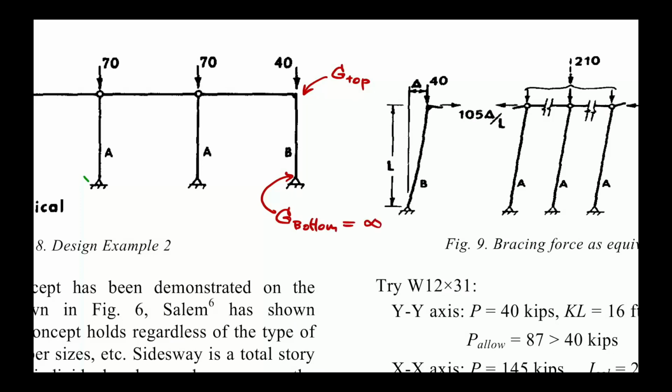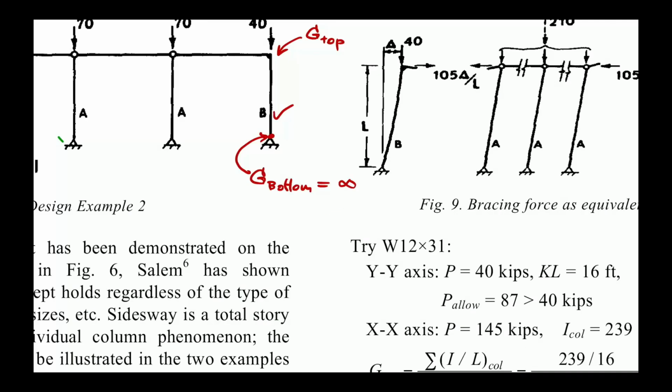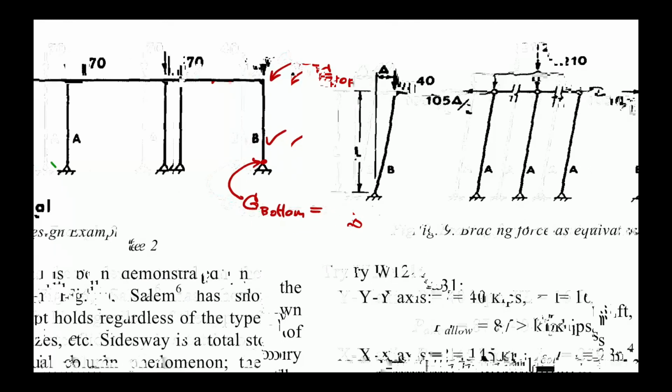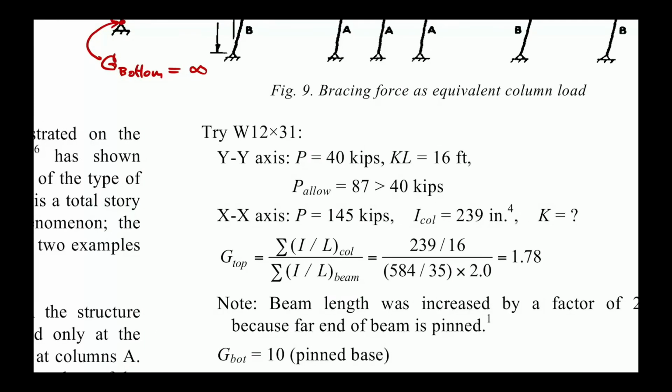Because it has the column stiffness, but it has no beam stiffness, as the base support is hinge. The hinge condition gives you zero stiffness for the girder or the beam. The denominator is 0, then you get infinity. For the top, you use the beam and you use the column, so you have one beam and one column. You get the I column divided by the I beam.